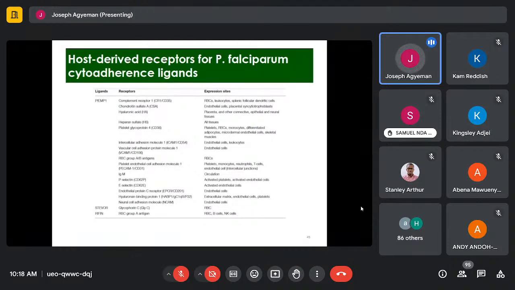So the first move is to confirm the presence of the parasites. Once it was complicated and they treated it as uncomplicated, it is highly possible that you could still have the parasite in there. So the main strategy is to repeat the treatment, but this time you manage it as complicated malaria with the supportive therapy such as hemotransfusion and the others.